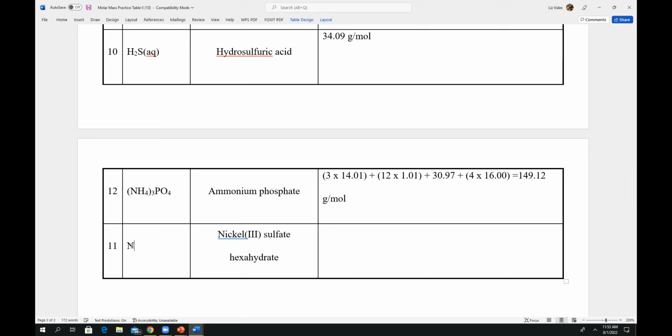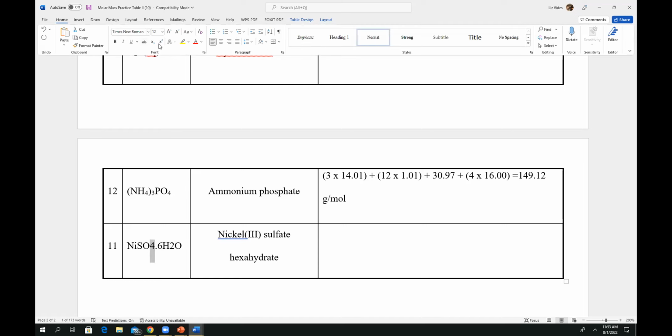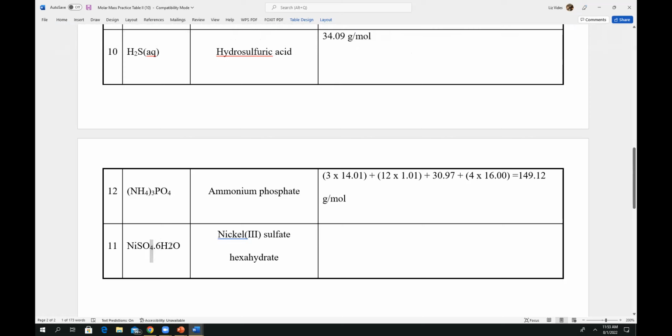So this is interesting because it's nickel(II) sulfate, which is SO4. But then you have hexahydrate, which you put a dot and you put 6 waters. So let me get the things where they belong, so we'll know what to do with them. The 6 is still big because it's a coefficient.